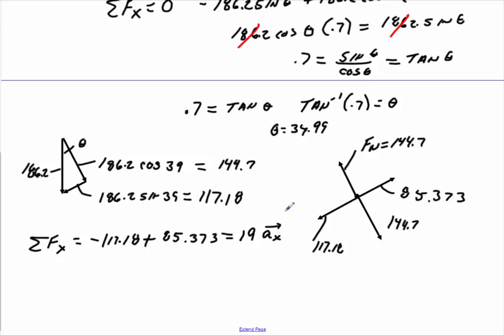So we'll just subtract that. Our net force is 31.807. We divide that by our mass, 19, and it gives an acceleration of 1.6. I'm going to get a negative value of that, but it just means it's going down the incline. And again, that'd be meters per second squared.